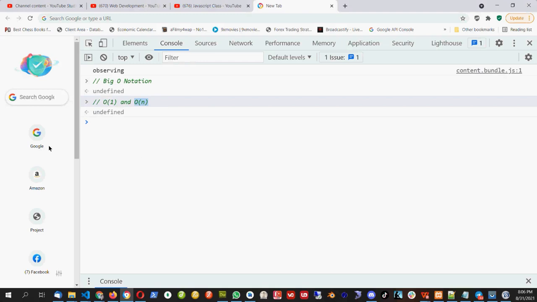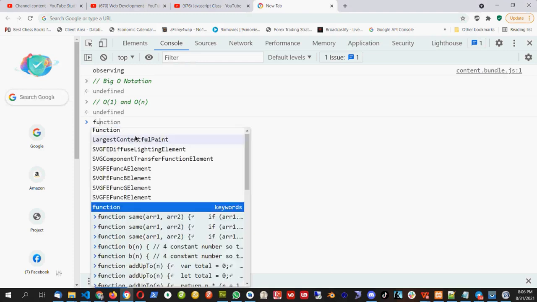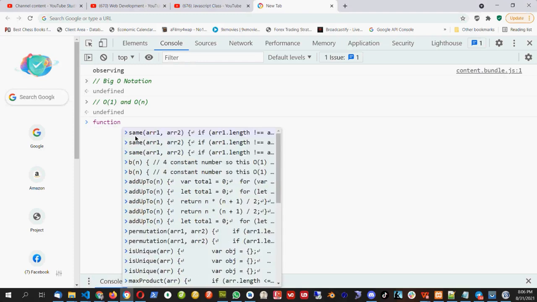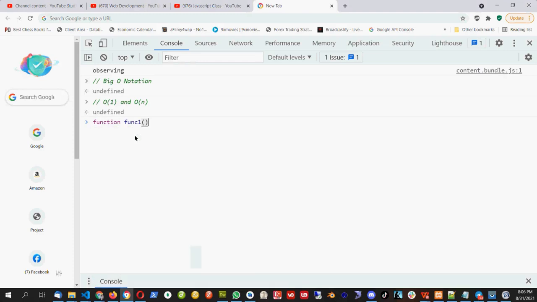Okay, so let's see. Let's create a function. I will call it func1, and it will take some number n, and the job of this function is to find the sum of the numbers.